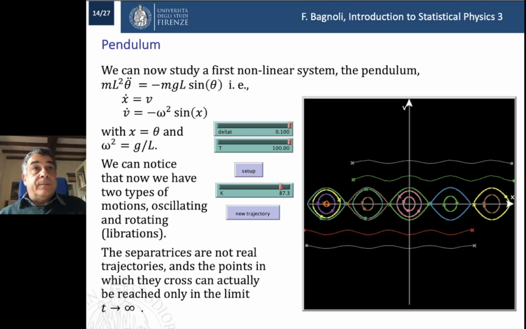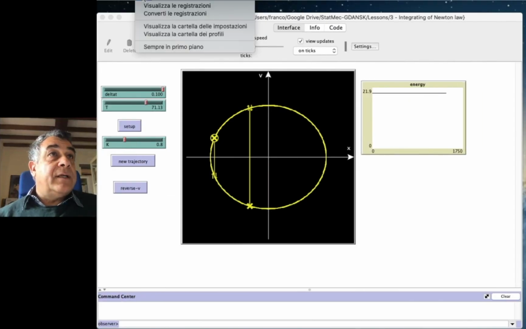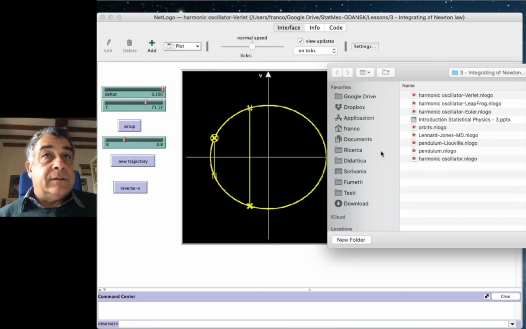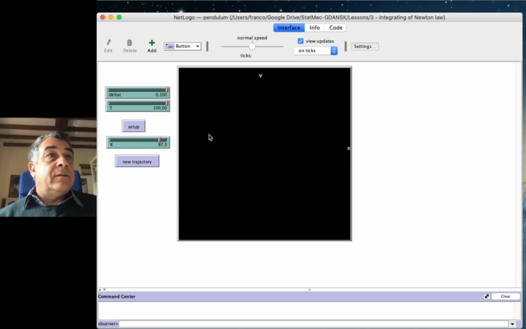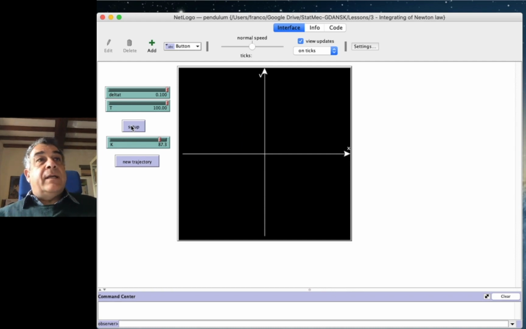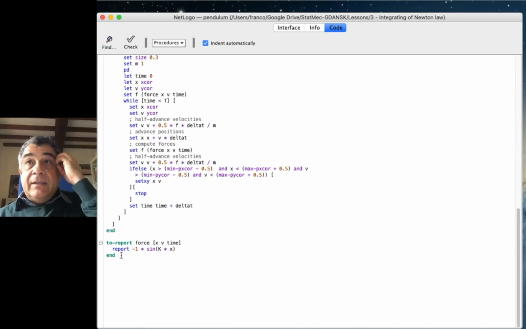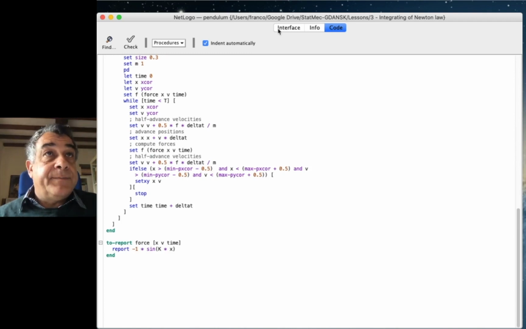Okay, so we can play with NetLogo. I open the new model here, pendulum.nlogo. Again, I have my system. It is all the same as before, except that I have a different form of the force.